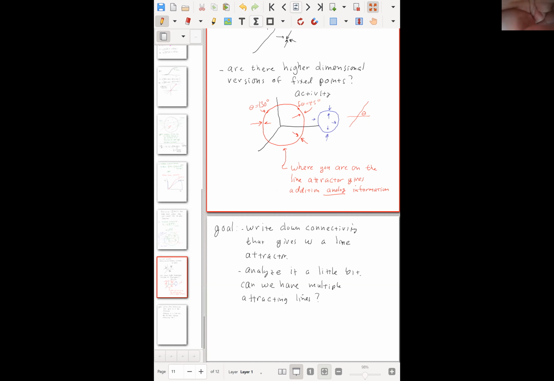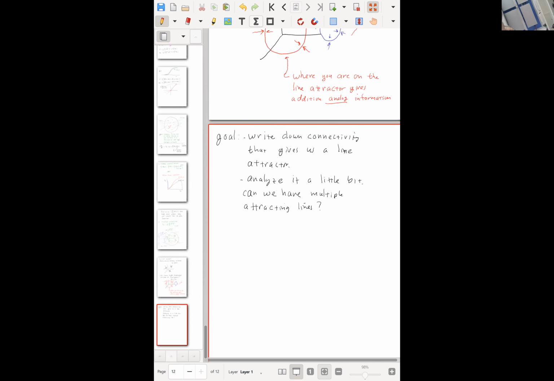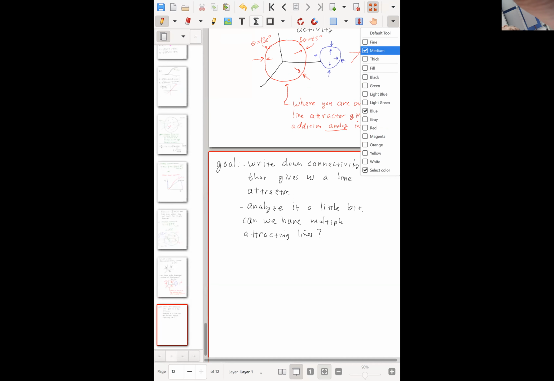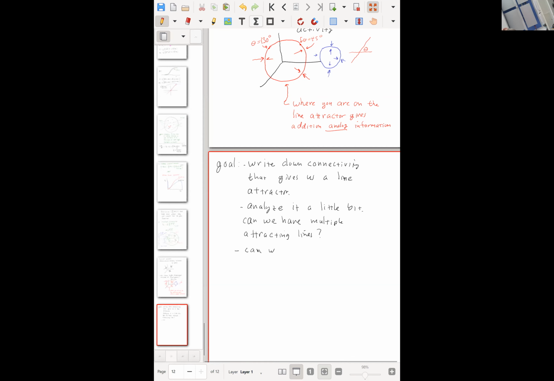You can have higher dimensional versions of these things, plane attractors and so on. And we can even ask, which is something we'll get to later, can we have plane attractors?